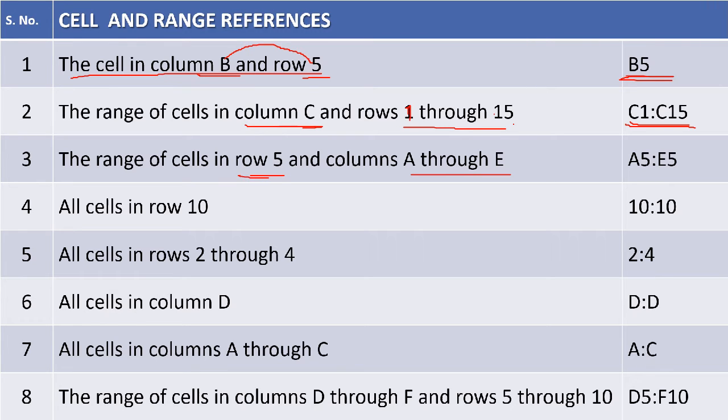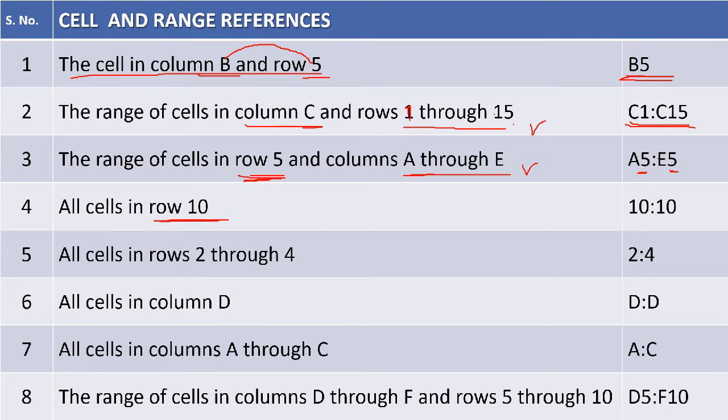The next, the range of cells in row 5 and columns A through E. Only a single row is there, that is row 5. So the row is 5 on both sides. But what about the columns? A through E. So A5 colon E5. Here you can see a single row. And in the next example, all cells in row 10.